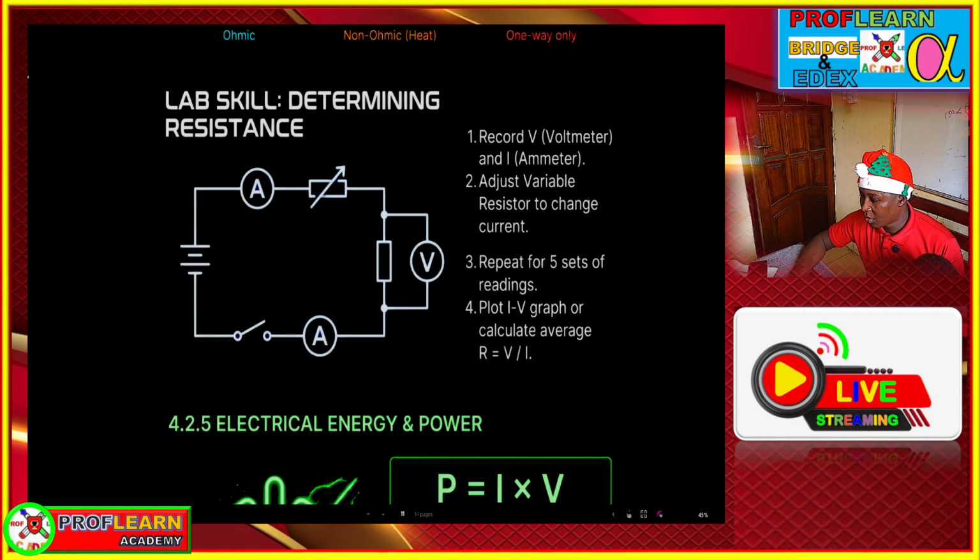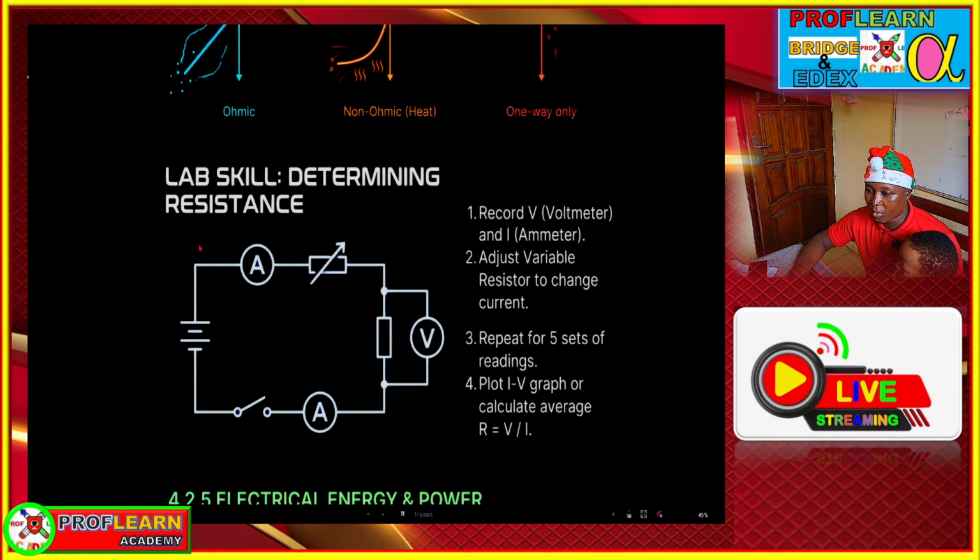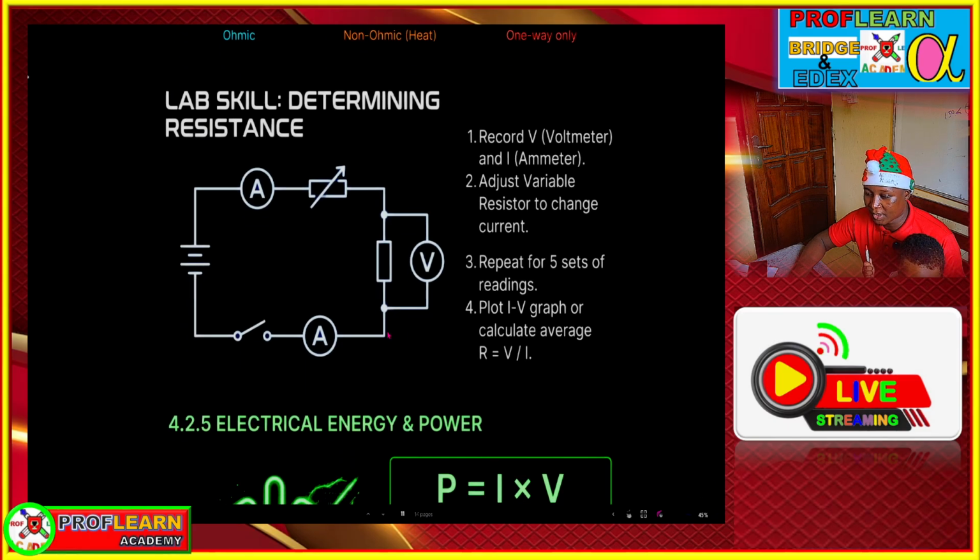So in this particular circuit we have an ammeter, a variable resistor, maybe a fixed resistor, another ammeter, and then the source of potential difference. If you collect data from here, remember a variable resistor is used to vary the amount of current in the circuit, and this voltmeter is used to measure the potential difference across this fixed resistor.